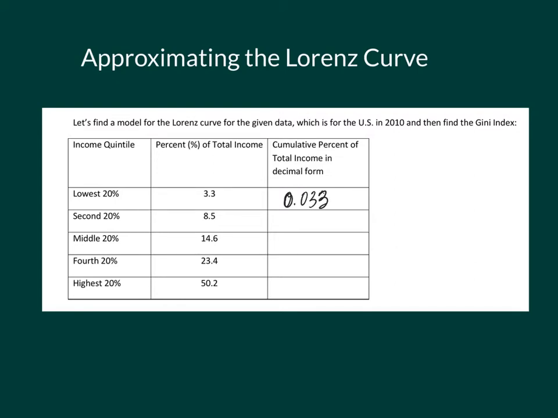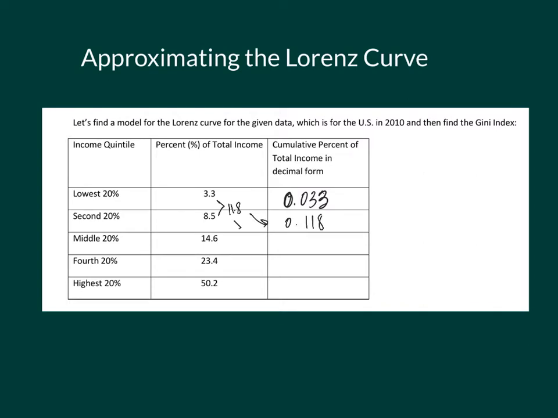Notice that the lowest 20% would be 0.20. And the second 20%, now when I add these two together, I end up with 11.8%. So that's what's going to go here, 0.118.